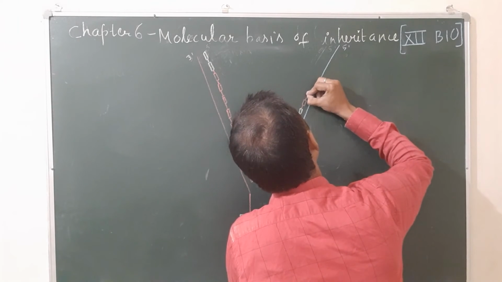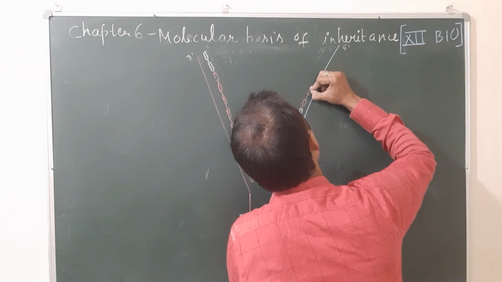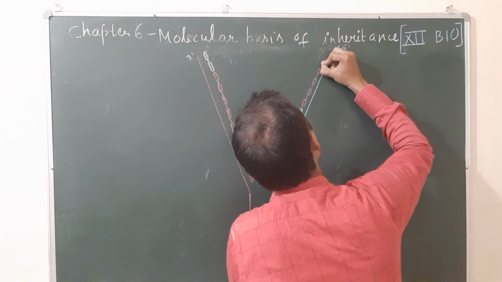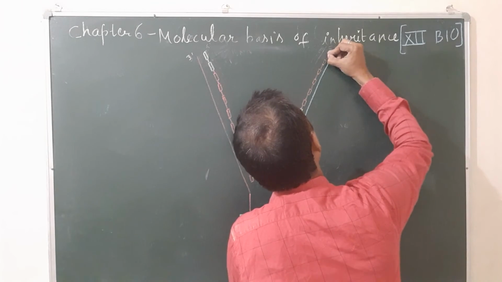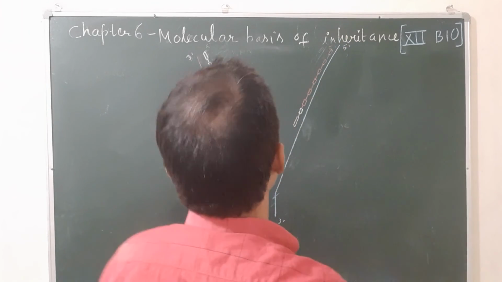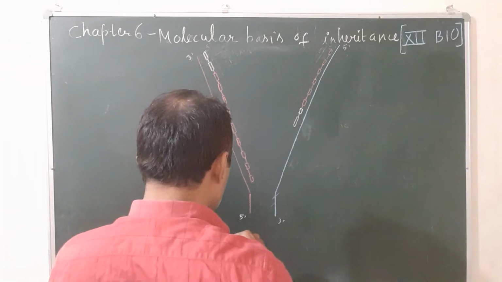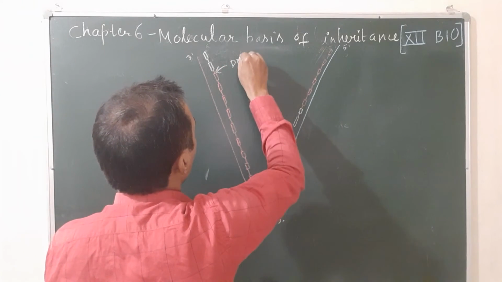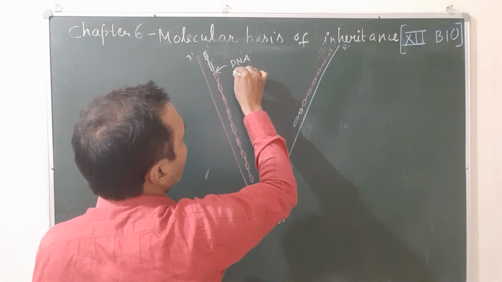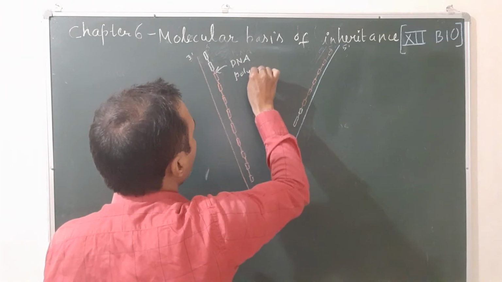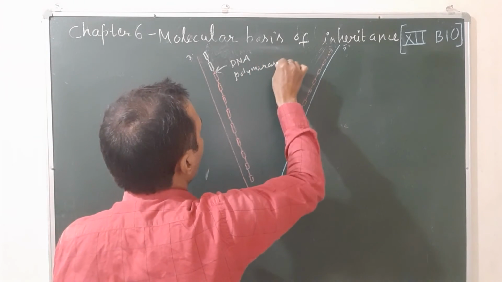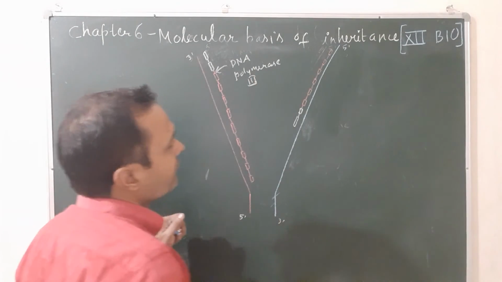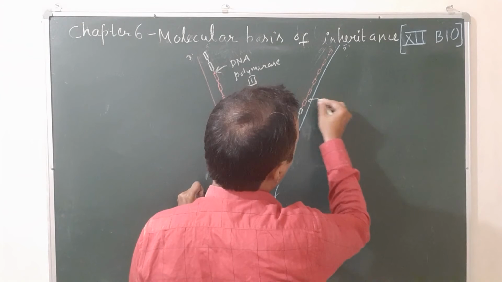Here, synthesis takes place in the 5' to 3' direction, with the help of an enzyme known as DNA polymerase III. This is the main replicating enzyme. Which enzyme acts here? DNA polymerase III, the main replicating enzyme, or you can say DNA polymerase only.